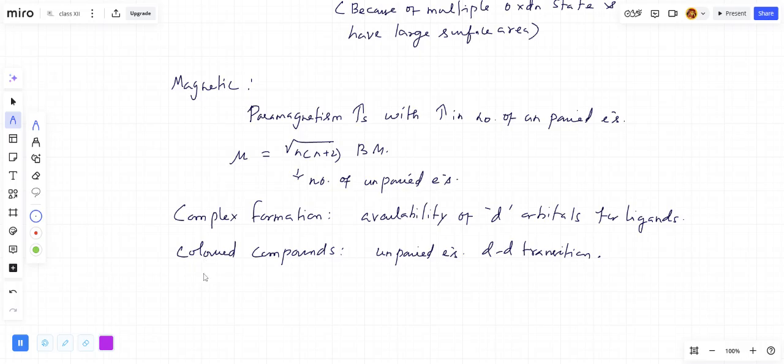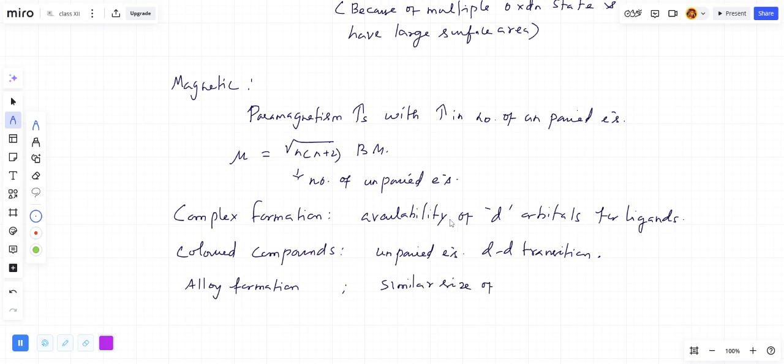Then alloy formation. Alloy formation is due to the almost similar size of metal ions. What are the reasons for this?